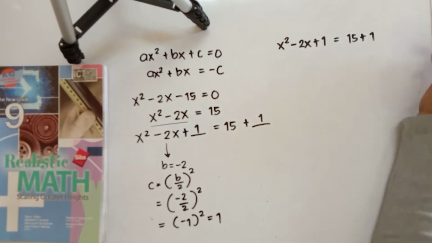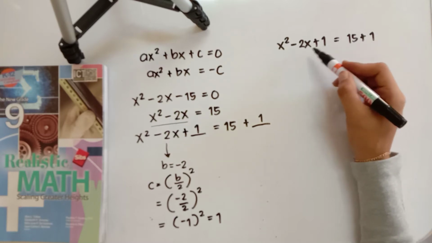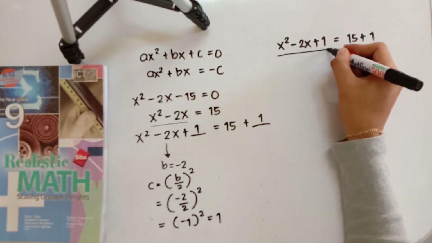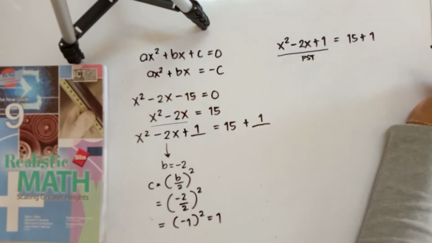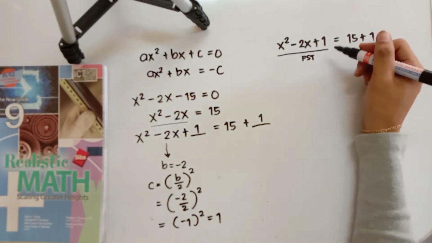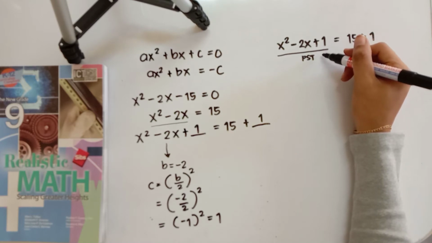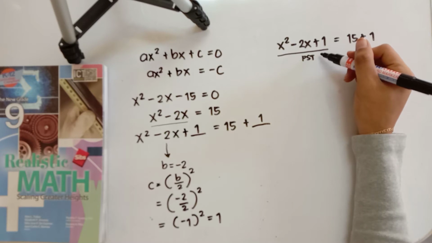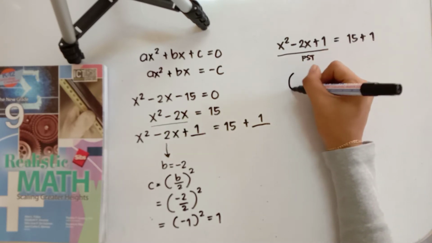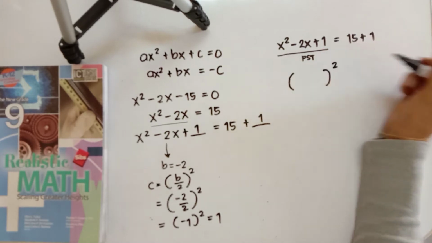Take note, your left hand side is a perfect square trinomial, PST. The next thing to do is to factor this, or transform this, into a square of a binomial. How do we factor this? We have a quantity to the power of 2.